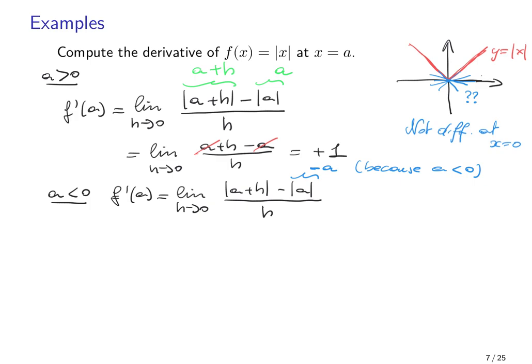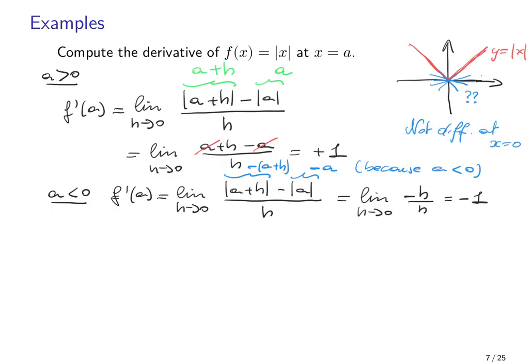So for h small enough, a plus h will be negative, and the absolute value will be minus a plus h. Now, if you cancel the common terms, the a, then you are left with the limit as h goes to 0 of minus h divided by h, and that is minus 1.